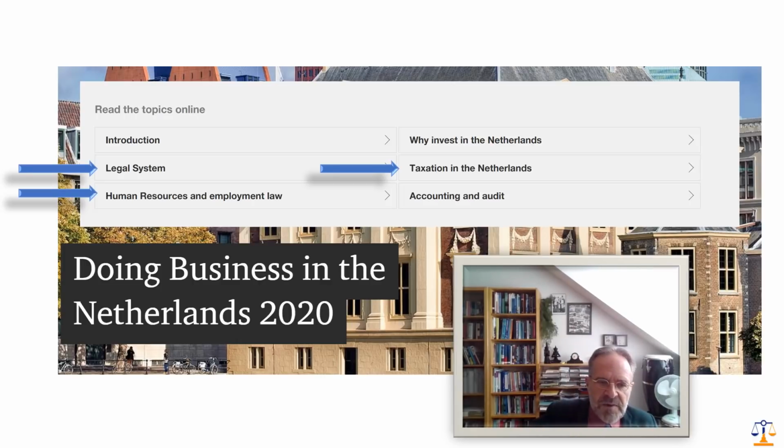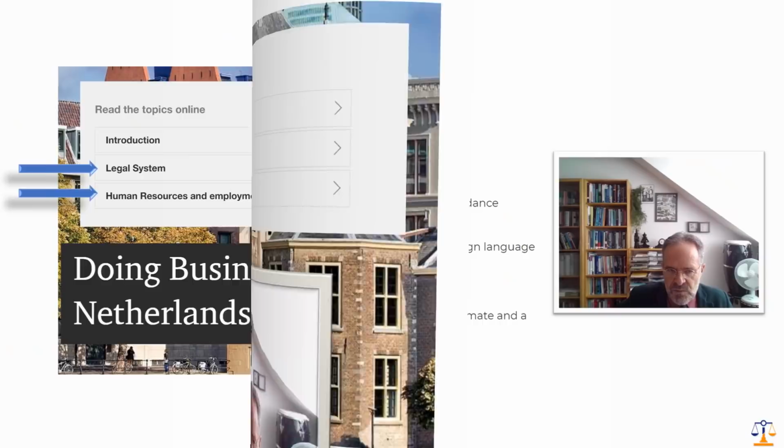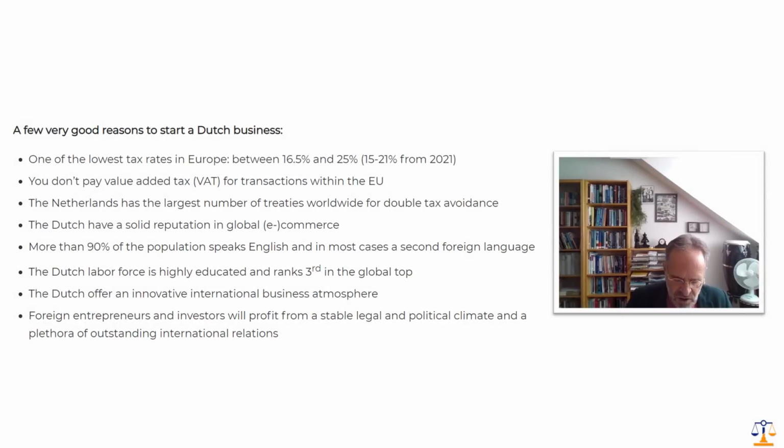When they present a picture of the business environment, they look into legal system, employment law, and taxation. The picture which they give us of the Netherlands is incredibly positive. You can read it here, but the Dutch have always learned to be modest, so I will not explicitly read them out, but leave them for you to read. But actually it's very good.